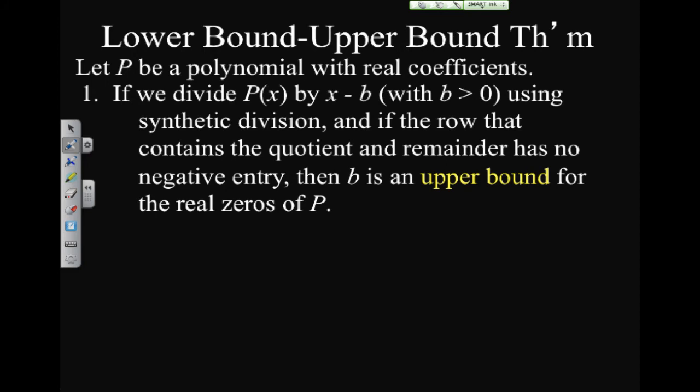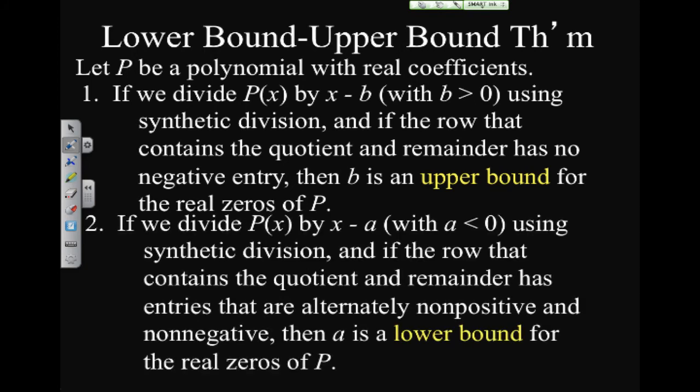If we divide p of x by x minus b, which means b is positive, using synthetic division, and the row that contains the quotient, in other words that bottom row underneath the line, and the remainder has no negative entry, then b is what we call an upper bound for the real zeros. What that means is nothing larger than b will divide evenly into p of x. So we won't try anything bigger than b.